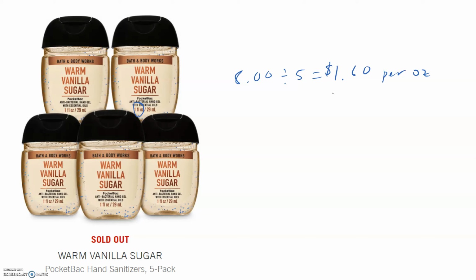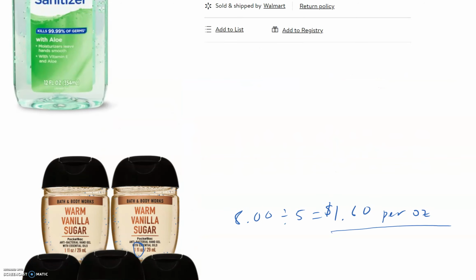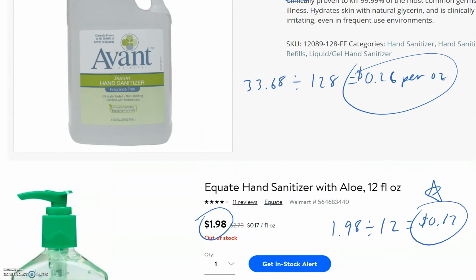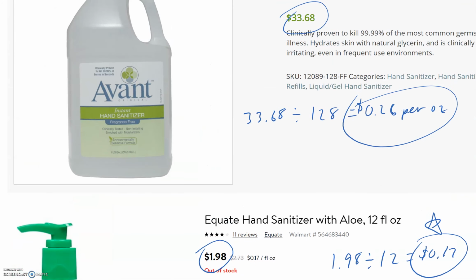I don't think that was a very good move to buy at $1.60 per ounce. So the medium bottle, the 12-ounce bottle, was the cheapest per ounce. And the gallon was cheaper, but it was not as cheap as the medium bottle, right?